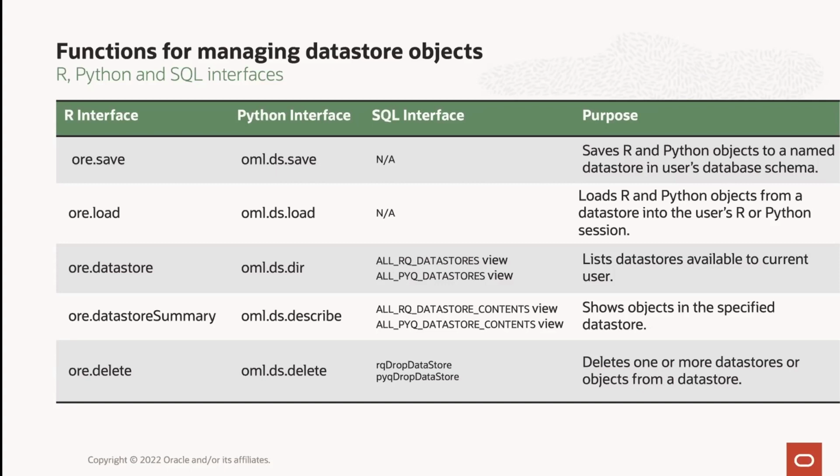The ore.datastore summary and oml.ds.describe functions, or the all rq data store contents and all pyq data store contents, show objects in the specified data stores and show the contents within those data stores. The ore.delete, the oml.ds.delete, or rq drop data store and pyq drop data store functions delete one or more data stores or objects from a data store itself.